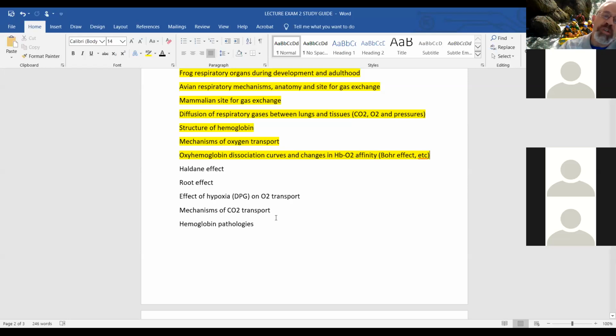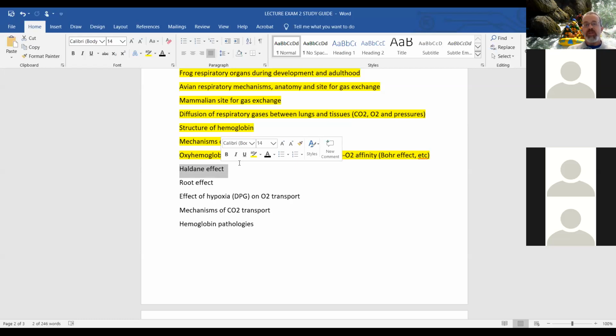Now, we have also what's known as the Haldane effect. And this really occurs near the lungs, that the affinity of hemoglobin for CO2 is greatly decreased as oxygen levels increase. So there's a difference in affinity.